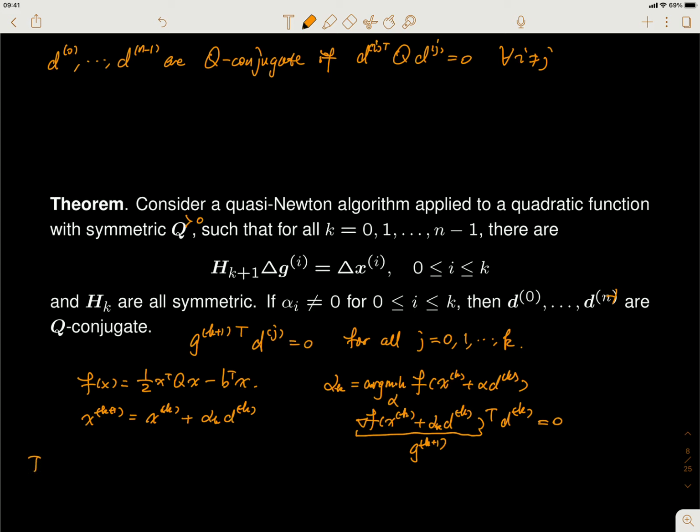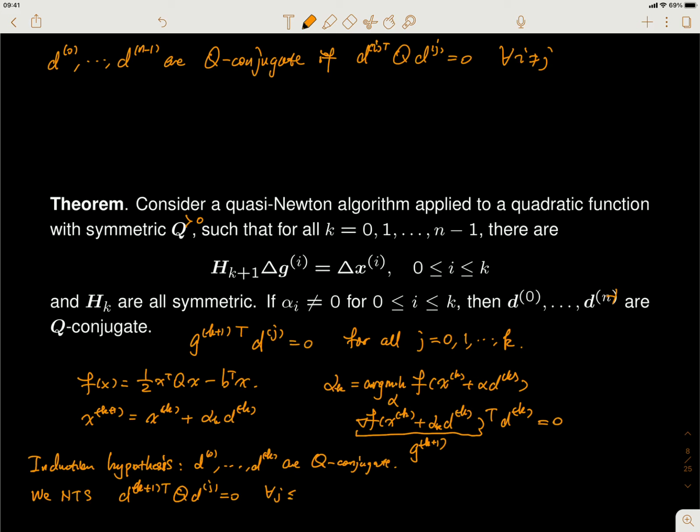Here the induction hypothesis is that, suppose d0 through dk are Q conjugate. Then we need to show that d k plus 1 transpose Q dj is equal to 0 for all j less than or equal to k.